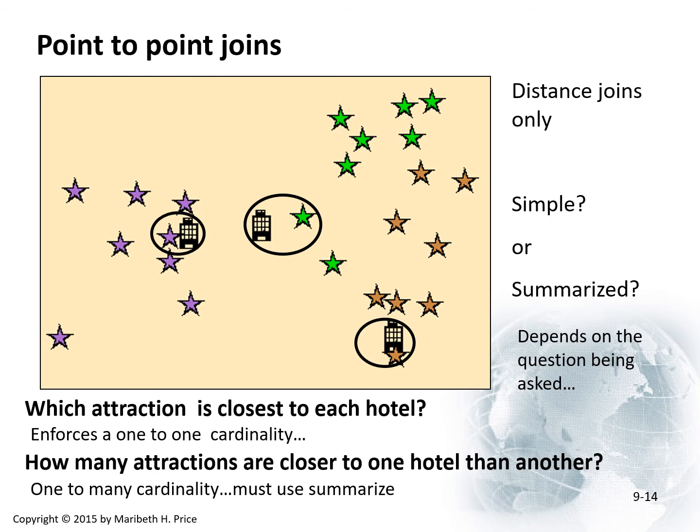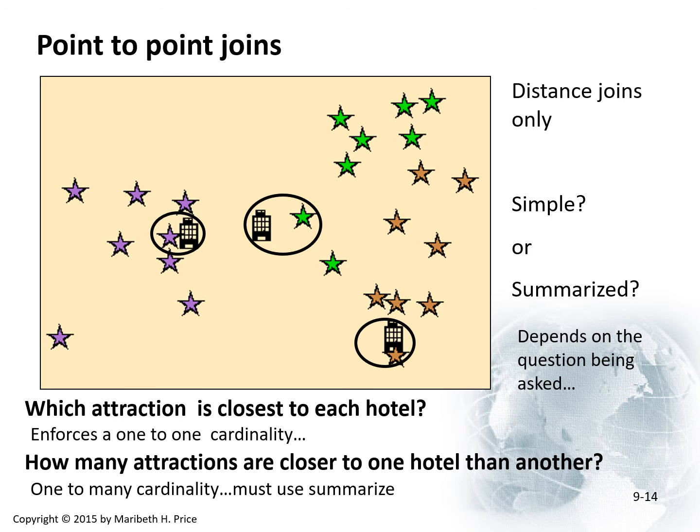Now, if you asked how many attractions are closer to one hotel than another, that's an entirely different thing, because each of these attractions is closer to one of these three hotels. In this case, they're color-coded based on which one they're closest to. If we look at it from the hotel standpoint, let's look at the one on the left.